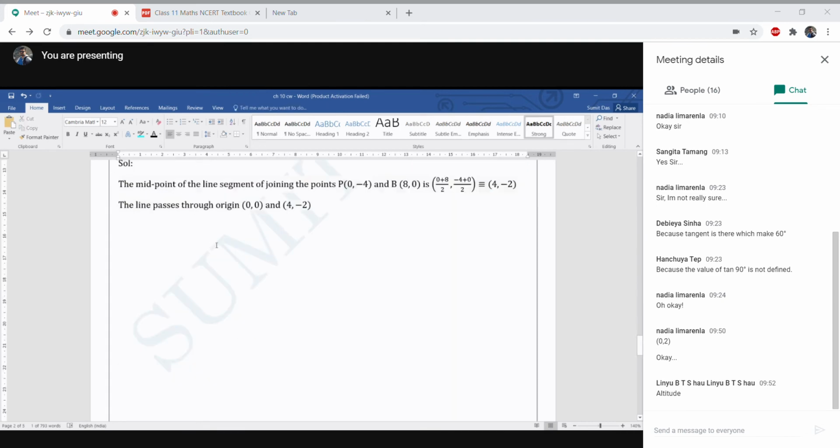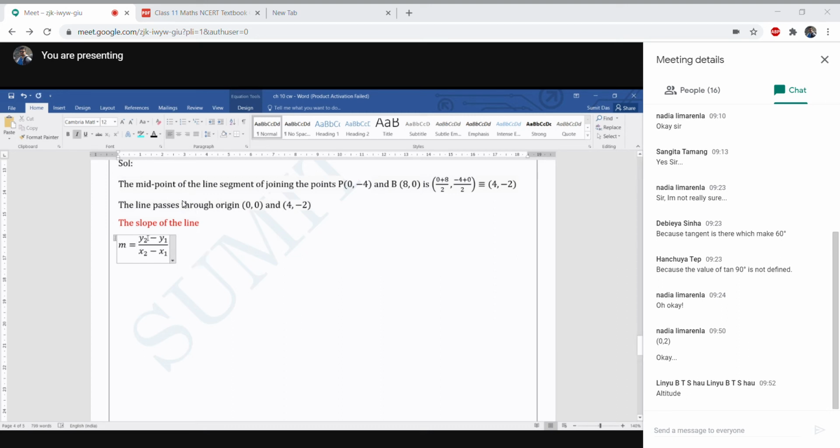So the slope of the line is, put the values.